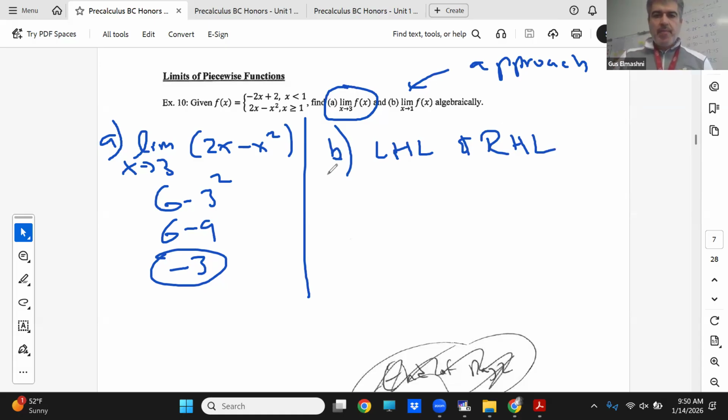So I'm going to take the limit, and the limit is x approaches 1 from the right.